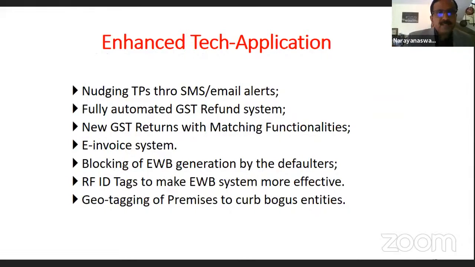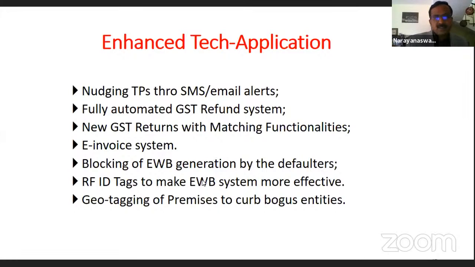There are other facilities using the technology. We send SMS and email alerts to the taxpayers 1 or 2 days before the due date, reminding them to file the returns and pay the taxes to avoid penalty and interest. E-invoice is coming up now.